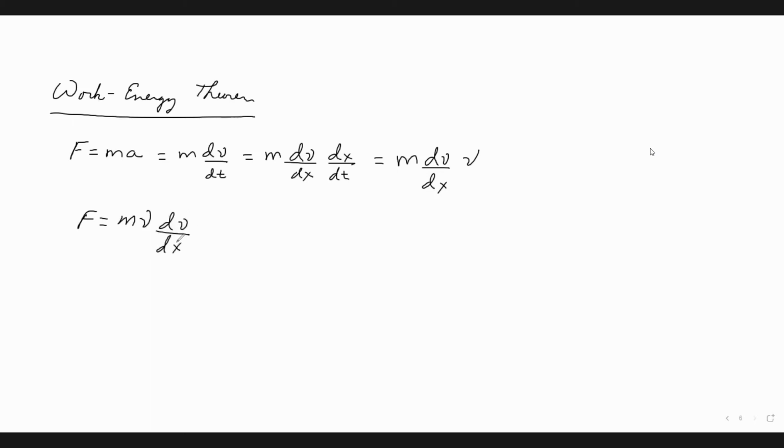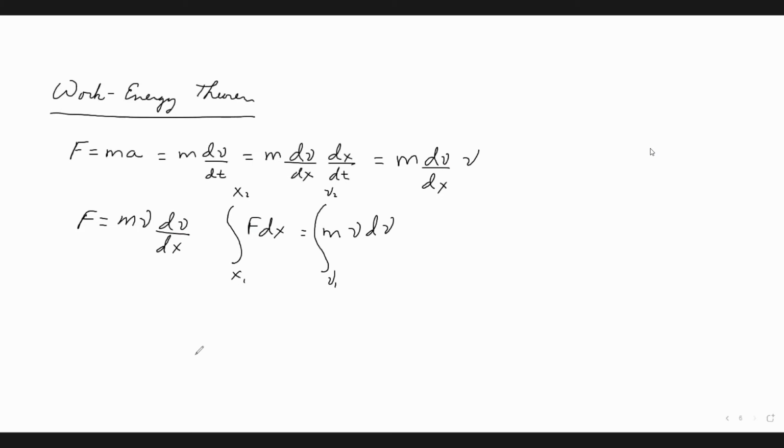dv dx. I'm going to separate this as F dx equals m v dv. And now I'm going to integrate both sides of this from position 1 to position 2. And at position 1, my velocity is v1, and at position 2, my velocity is v2.